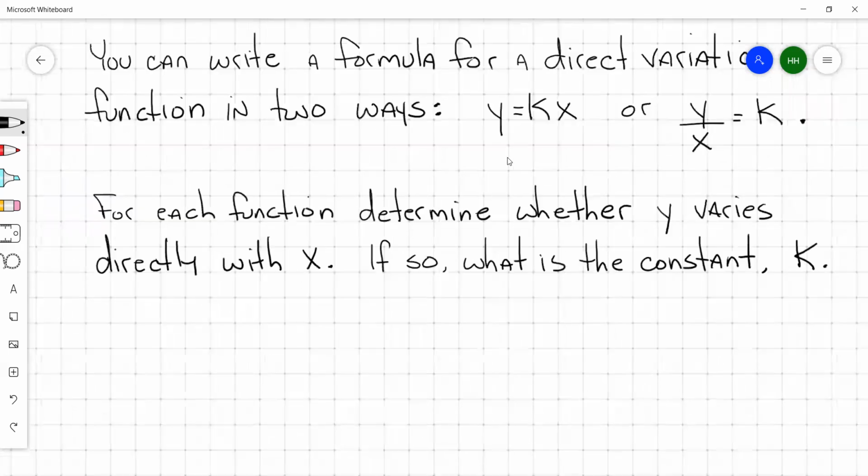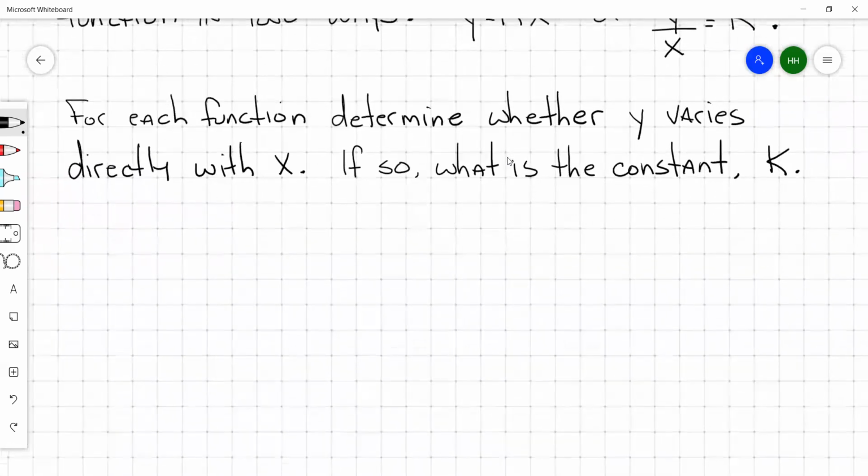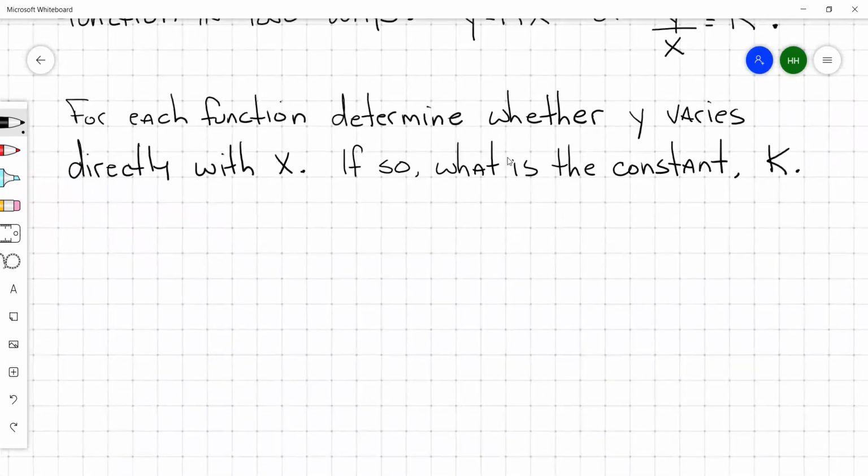As far as simpleness goes, this is pretty simple. You're going to be given an XY table, or you could be given some coordinates of points. But here you've got your x's as 1, 3, and 4, and corresponding y's at 2, 6, and 8.